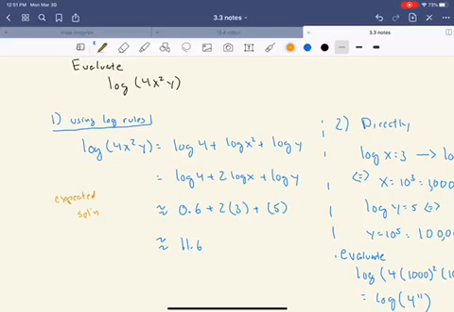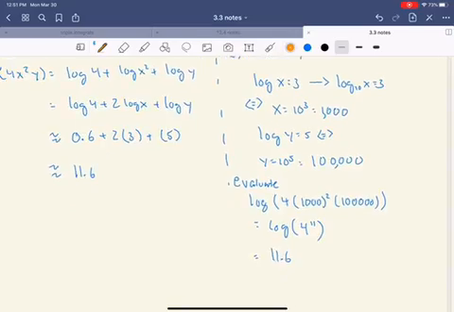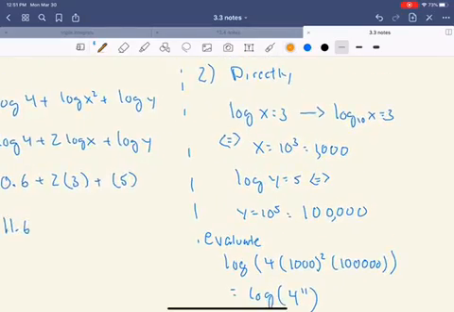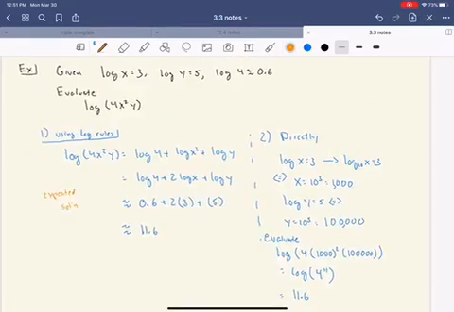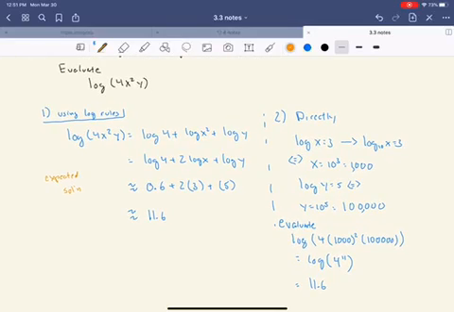Okay, but I also want to put things together and look at this directly. So we're still going to evaluate log of 4x squared y, but I want you to look over here. If log of x is 3, we actually know what x is because we're dealing in base 10.